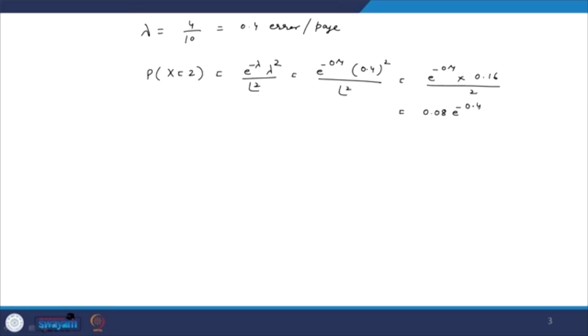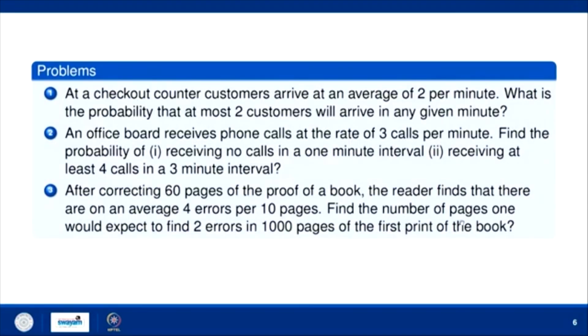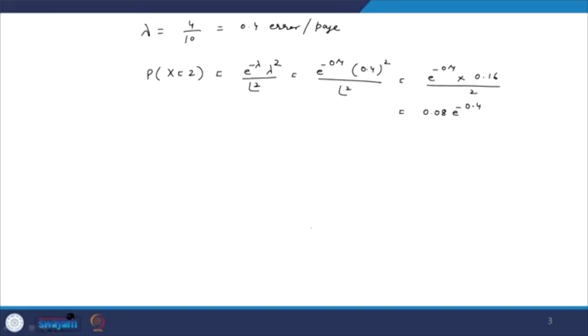Okay. Now, we have to find out the total number of pages one would expect to find 2 errors in 1000 pages. So, the required value will be, in 1000 pages, the number of expected pages will be 1000 into 0.08 into e raised to power minus 0.4.